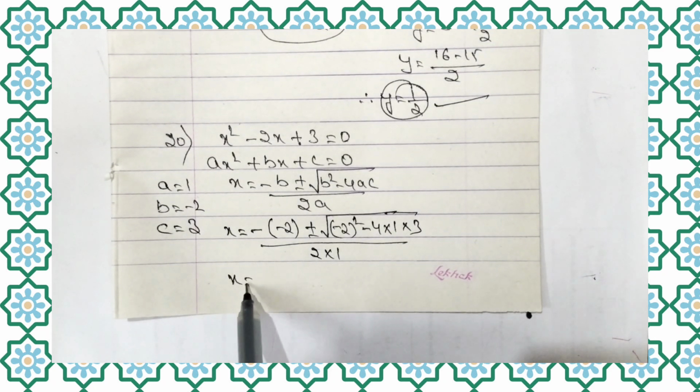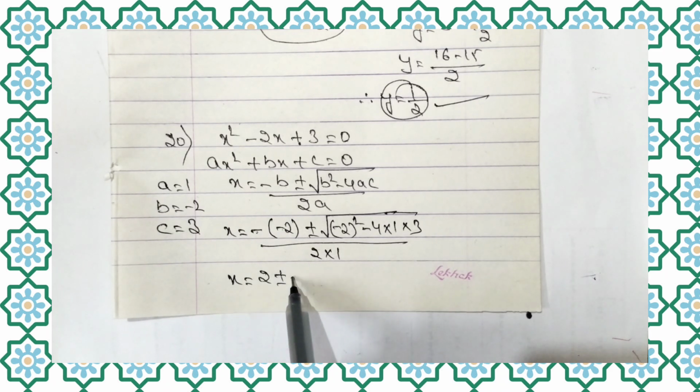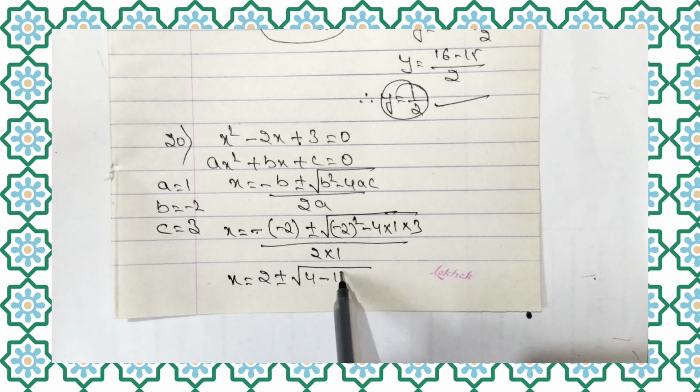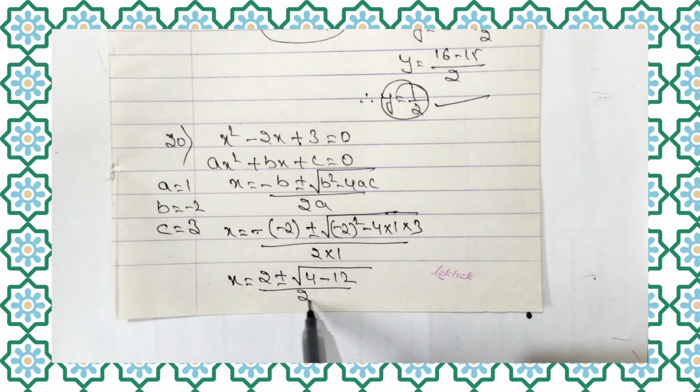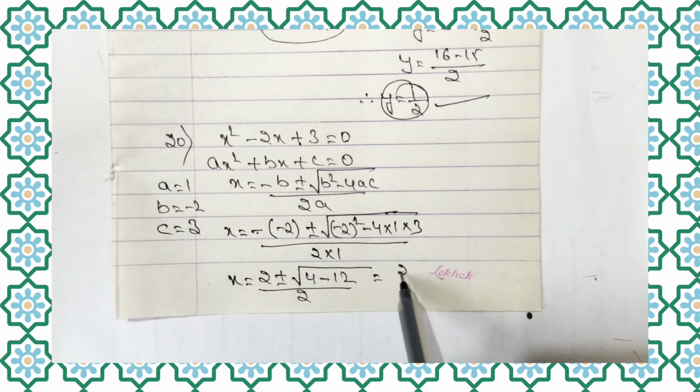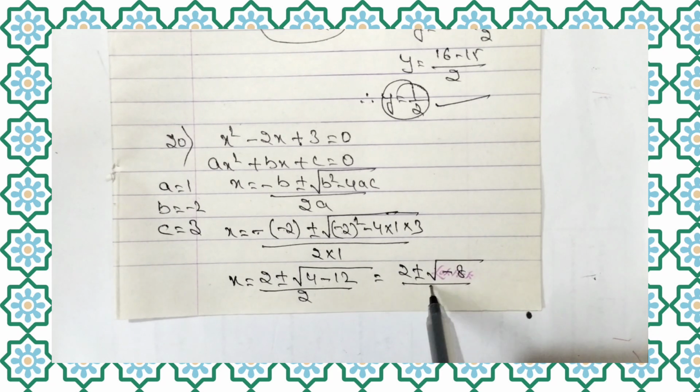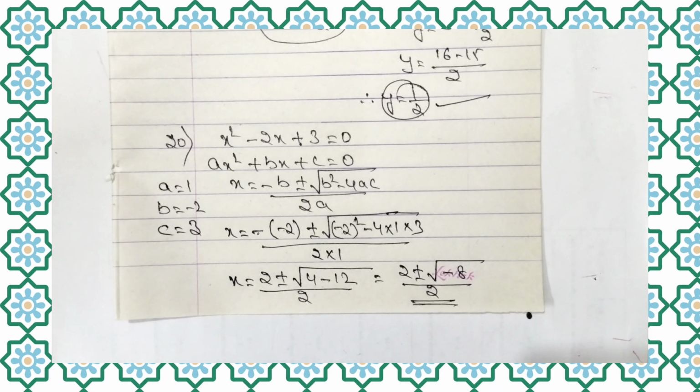So x is equal to 2 plus or minus square root of 4 minus 4 threes are 12, divided by 2, that is equal to 2 plus or minus square root of minus 8 divided by 2. So we will get an imaginary root.